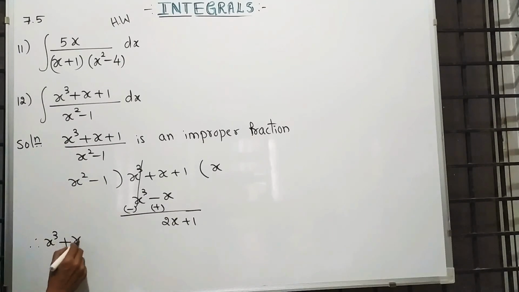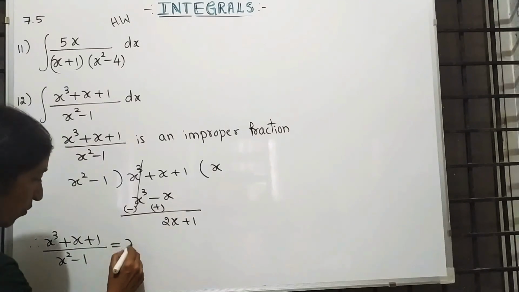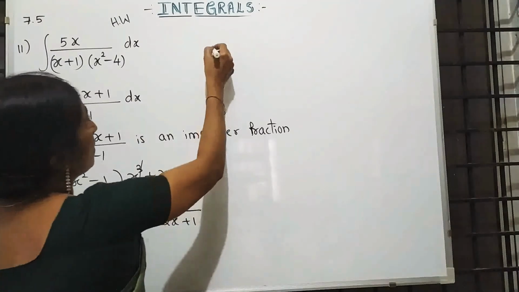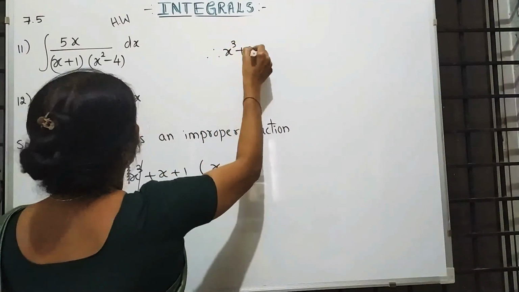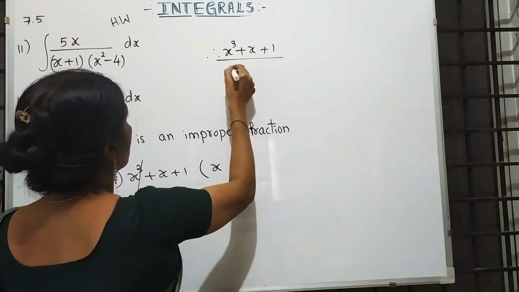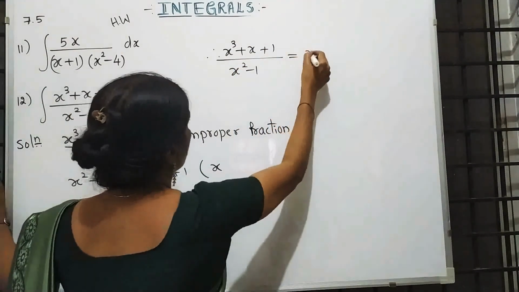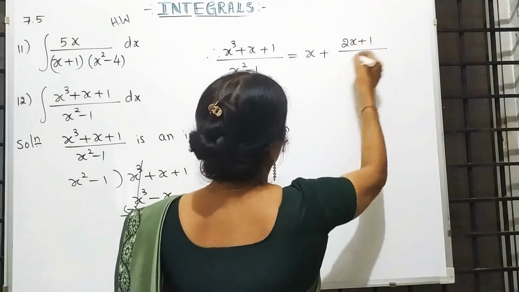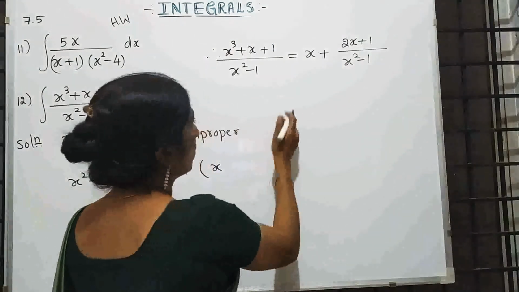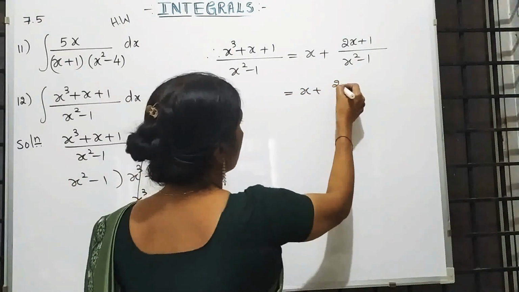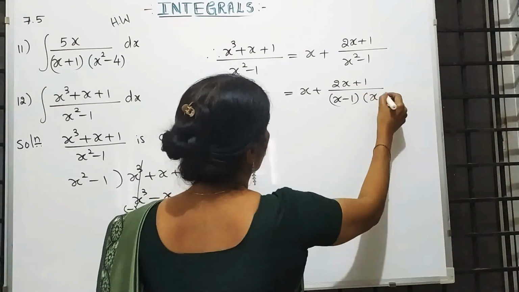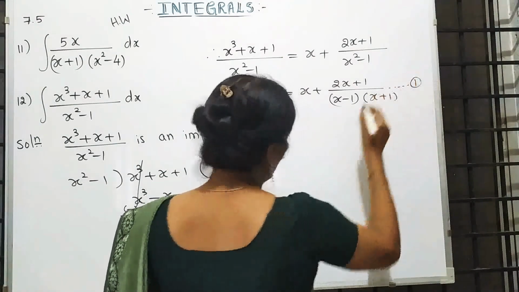Therefore, x cube plus x plus 1 divided by x square minus 1 is x plus 2x plus 1 upon x square minus 1, or x plus 2x plus 1 upon x minus 1 into x plus 1. Let us call this equation 1.